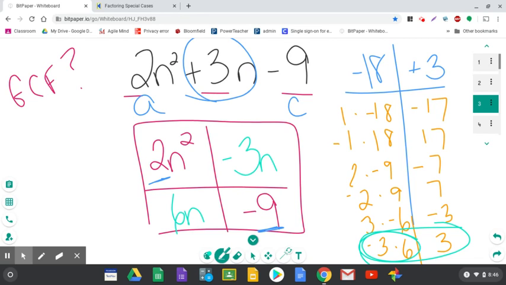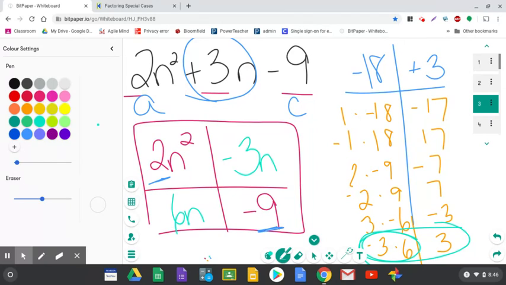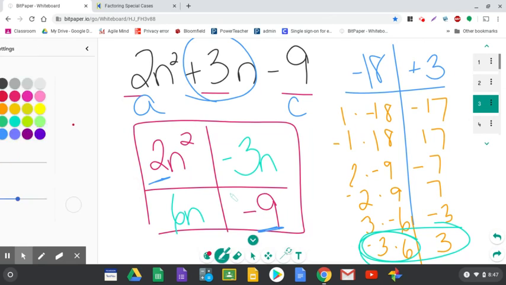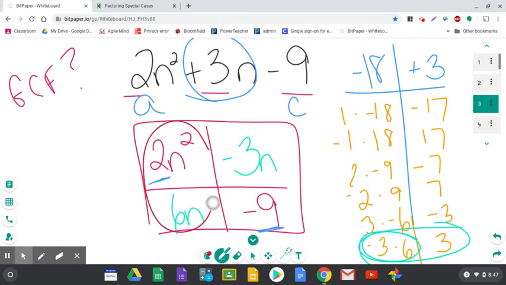And now I'm ready to find the GCF for each row and each column. So let's do this one first. 2 and 6. What's the GCF there? 2. And I can also take out an n. Over here, -3 and -9, the GCF is a -3, right?